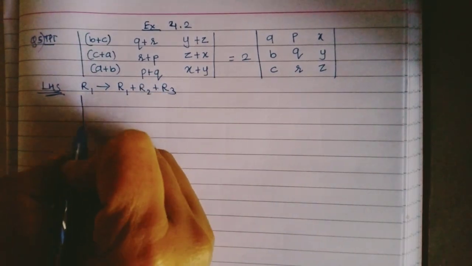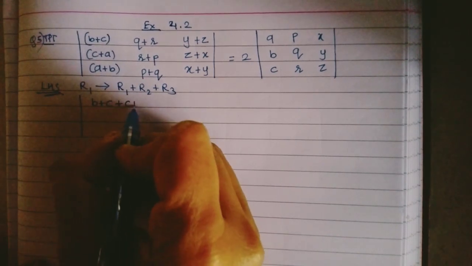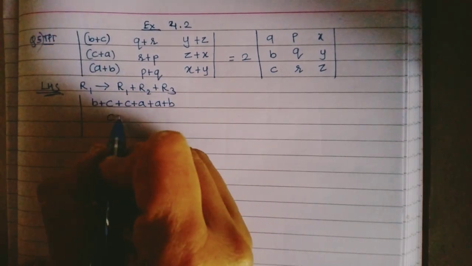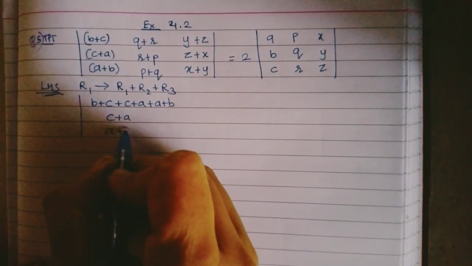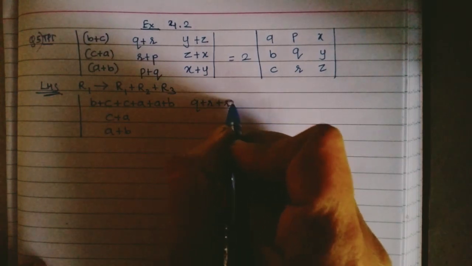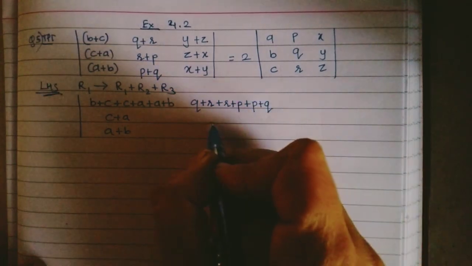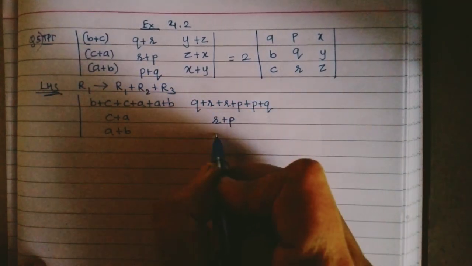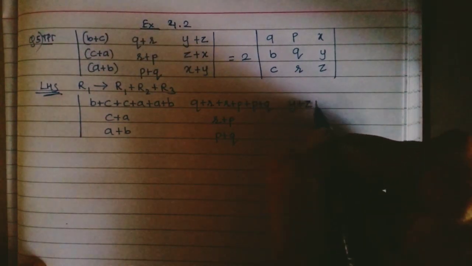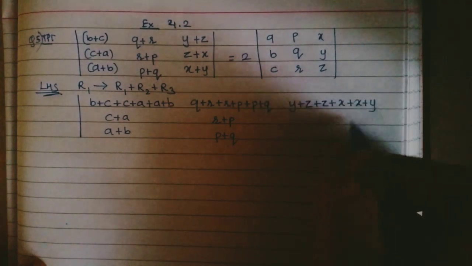Okay, let's add B plus C, plus C plus A, plus A plus B; Q plus R, plus R plus P, plus P plus Q; Y plus Z, plus Z plus X, plus X plus Y.